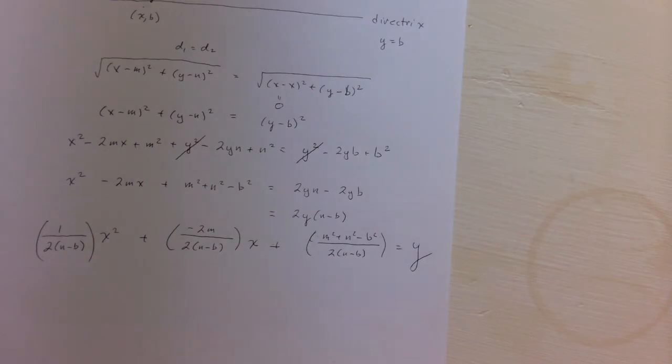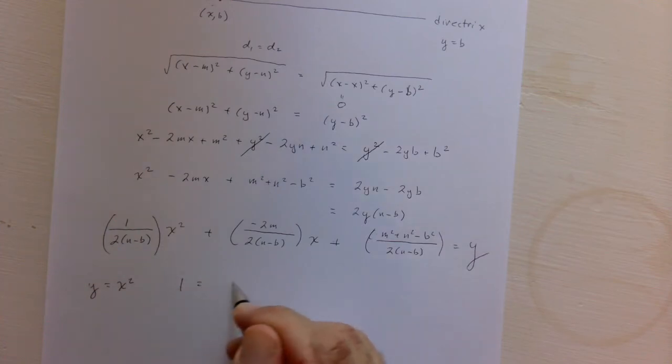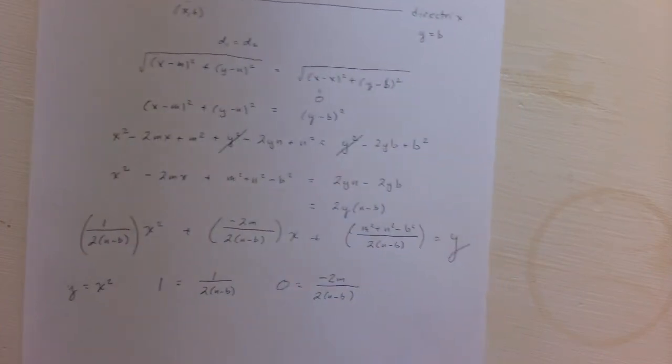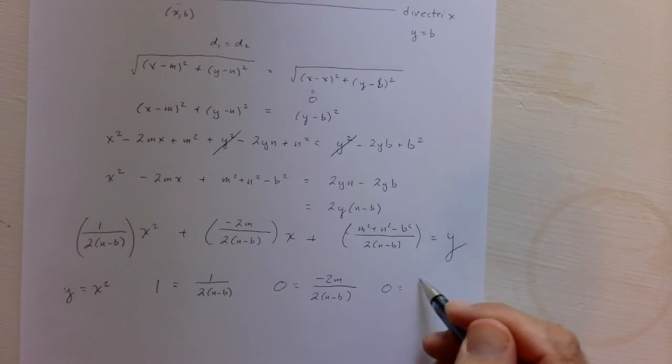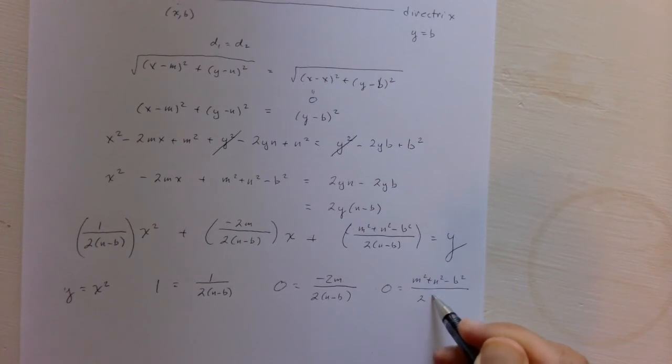Now let's look at what the directrix and the focal point would be for the quadratic function y equals x squared. In this case, the coefficient of x squared is 1, and the other two coefficients are 0. So we have 1 equals 1 over 2(n minus b), 0 equals negative 2m over 2(n minus b), and 0 equals (m squared plus n squared minus b squared) over 2(n minus b).